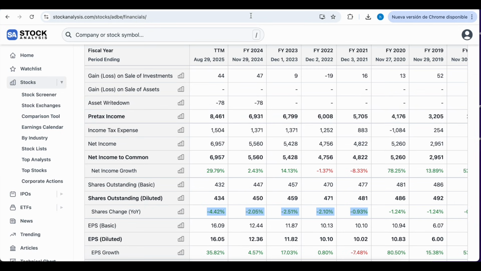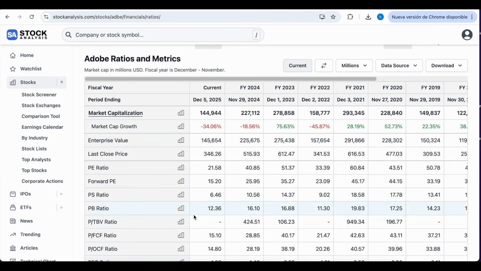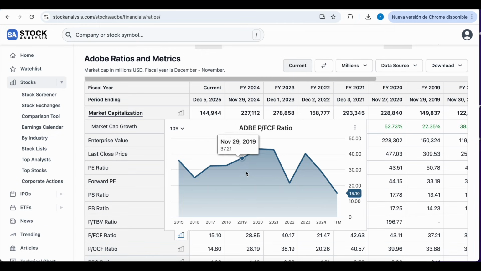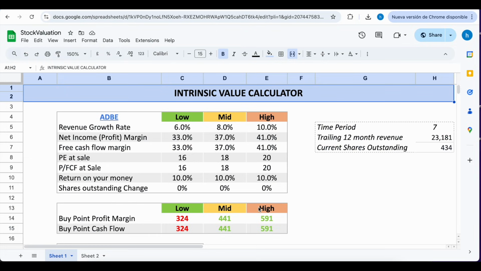And regarding the valuation, Adobe is now trading at a price to free cash flow of 15, its cheapest valuation in a decade. But in order to take a deeper look at the valuation, I use my Google Sheet. This tells me at what price you should buy a stock based on the assumptions about the future of the company that you put in. I did a 7-year analysis with low, middle, and high assumptions. And as you can see, the intrinsic value according to my low assumptions is $224 per share, middle $441, and high $591.